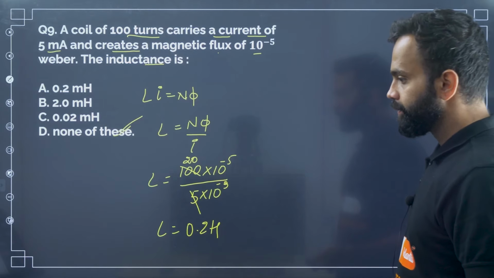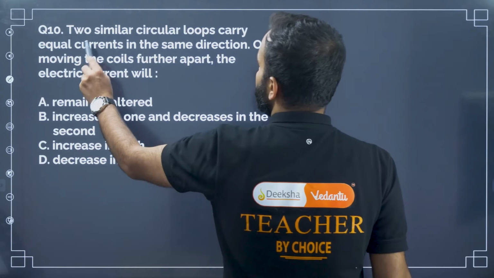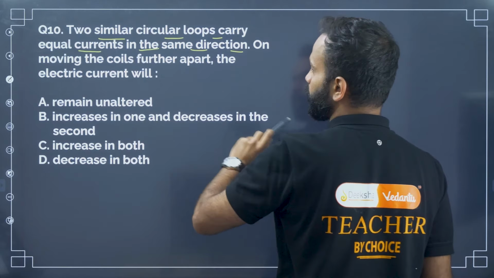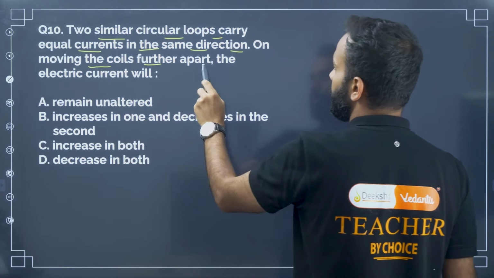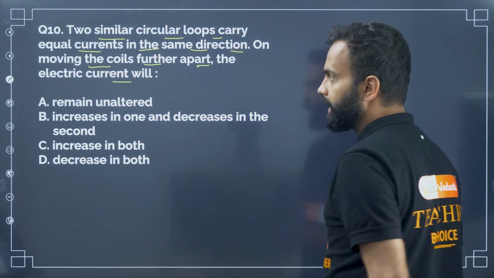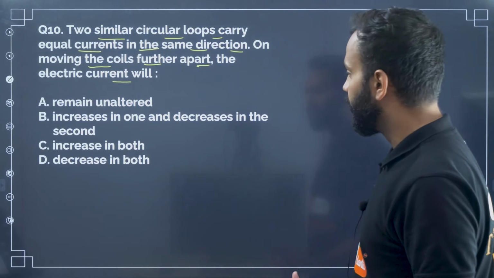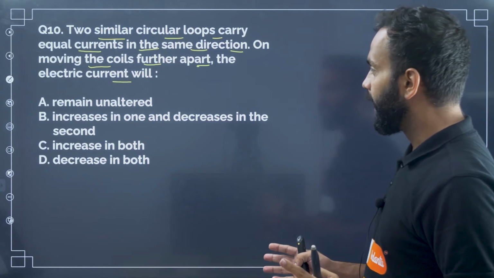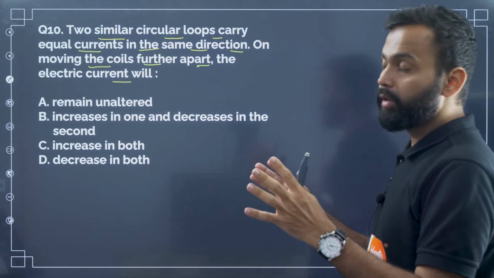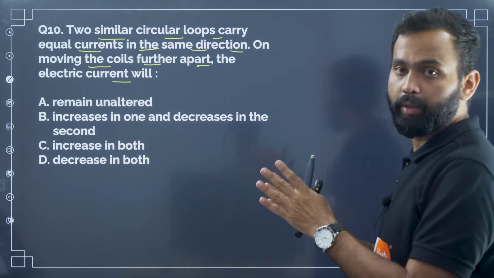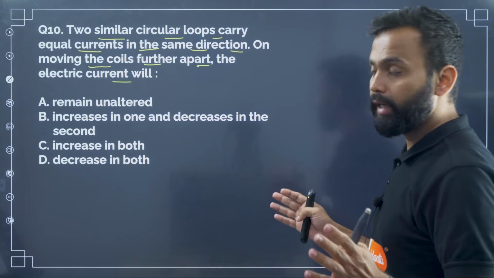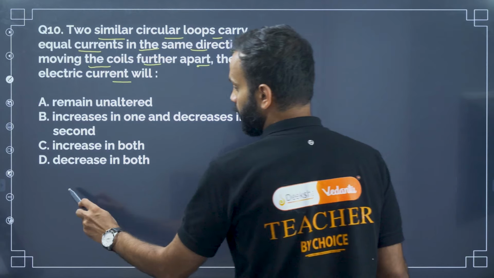Question number 10. Two similar circular loops carry equal currents in the same direction. On moving the coils further apart, the electric current will... So what happens when two similar coils carrying the same current are moved away from each other?